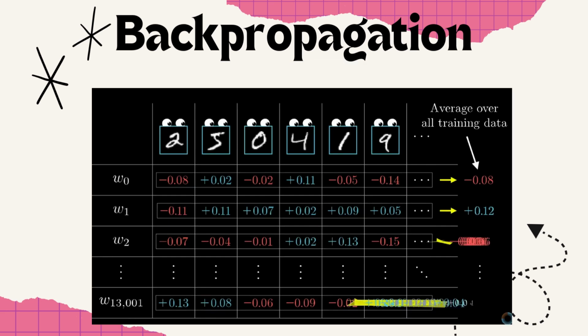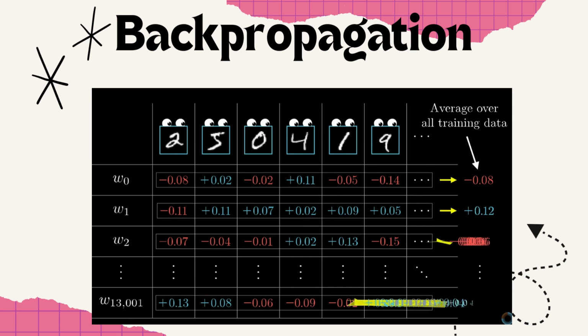But we can't just have that one adjustment, that one training example. So we have to run it with all of the training data in order for it to be a proper gradient descent. And after we do that, we have all of the suggested nudges to all of the weights from weight 0 to weight 3000.